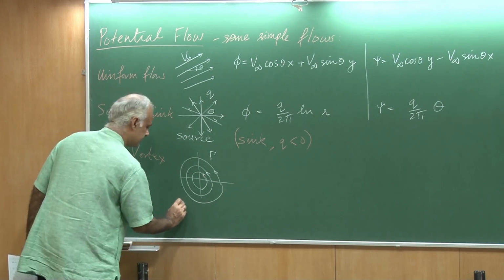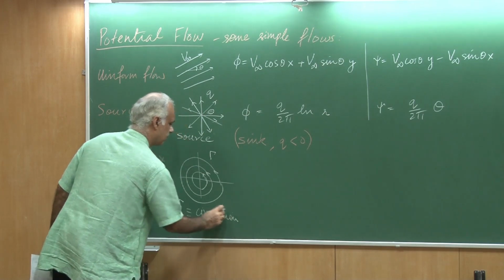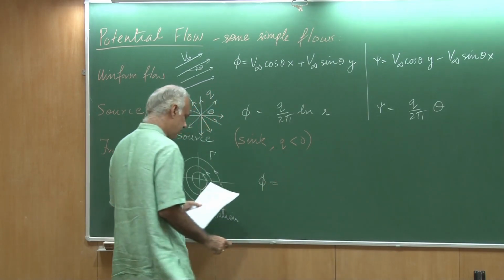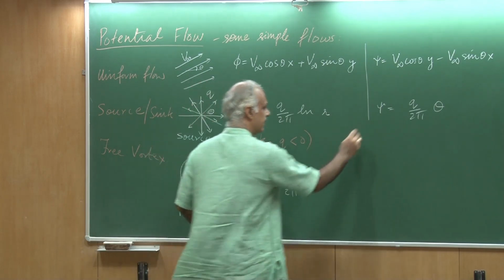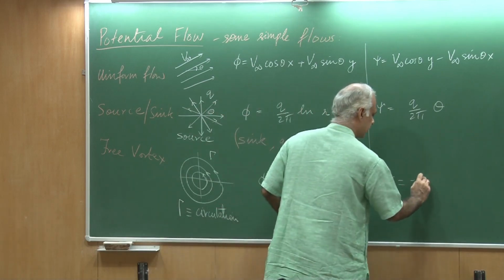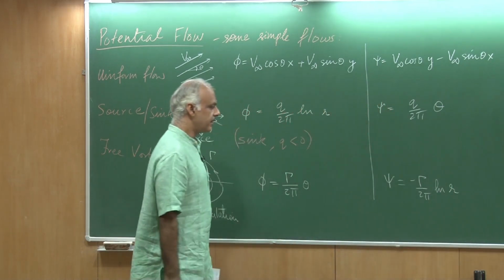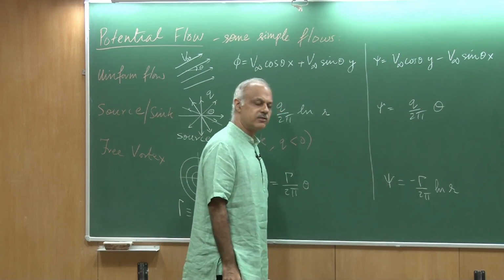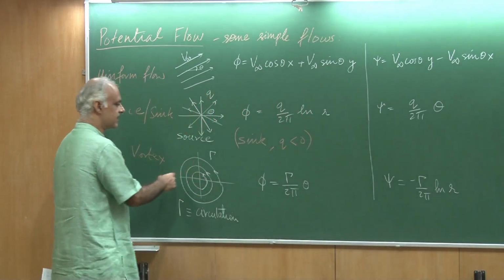Gamma is the circulation, and we were able to show that for this flow the velocity potential is given as gamma by 2 pi theta, and similarly the stream function is essentially minus gamma by 2 pi natural log of r. So in this case you can see for the streamlines the stream function equal to constant would give us r equal to constant, and those would essentially be circles.